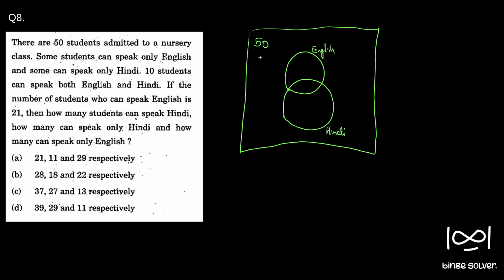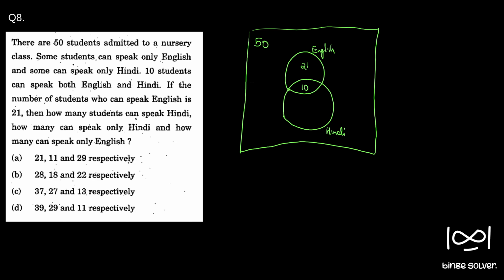Now 10 students can speak both English and Hindi. So the people who are common, this is the region which is 10. If the number of students who can speak English is 21, then this whole circle is 21. And then how many students can speak only Hindi, and how many can speak only English.